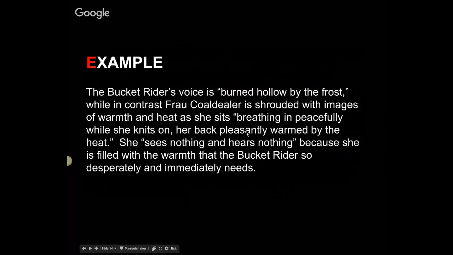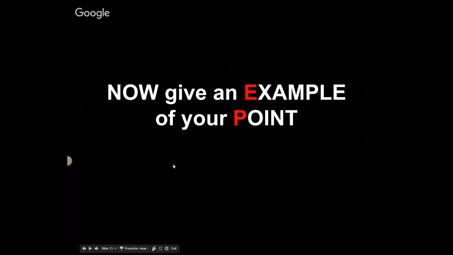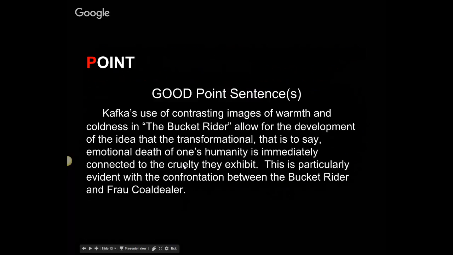Here's the example. The Bucket Rider's voice is burned hollow by the frost, while in contrast, Frau Coal Dealer is shrouded with images of warmth and heat as she sits breathing in peacefully while she knits on her back, pleasantly warmed by the heat. She sees nothing and hears nothing because she is so filled with the warmth that the Bucket Rider so desperately and immediately needs. All I have done here is give an example of the confrontation.